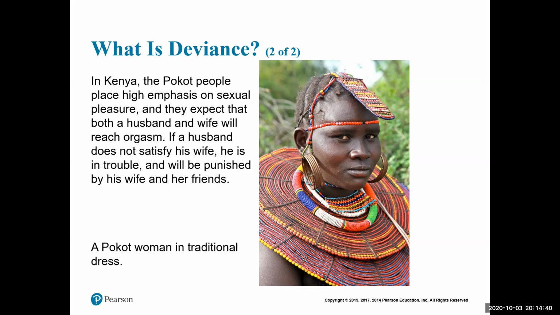Because of the deviant behavior of the husband not being able to provide for the needs of the wife, her friends are able to beat him, urinate on him, defecate on him, whatever the case may be, to bring that humiliation down to him. So that's all deviant behavior, but that's cultural diversity. It kind of gives you the differences between cultures.